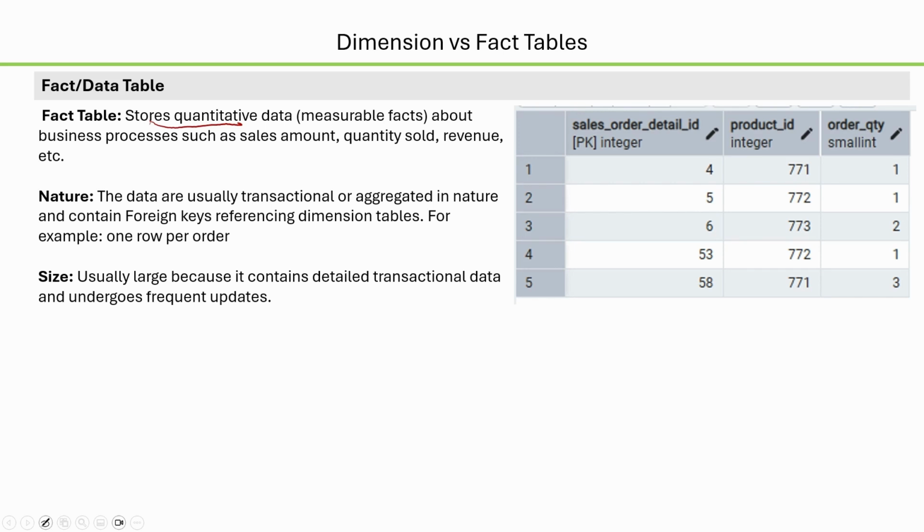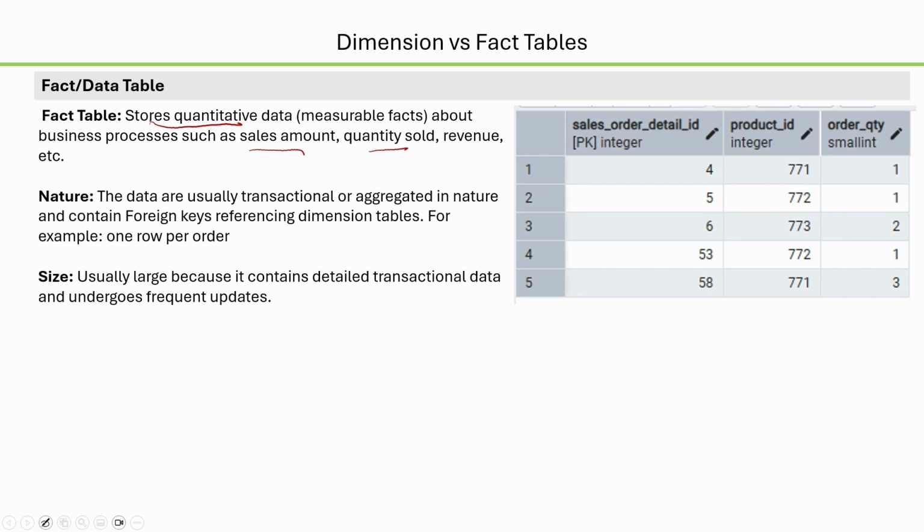Examples include sales amount, quantity sold, and so on. The nature of this data is usually transactional, and it also contains foreign keys. For example, one row per order.